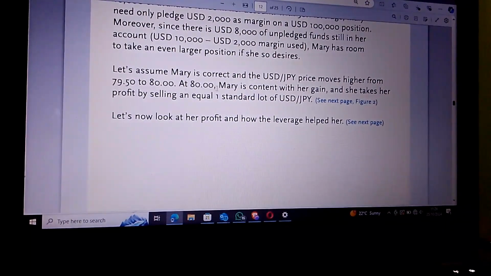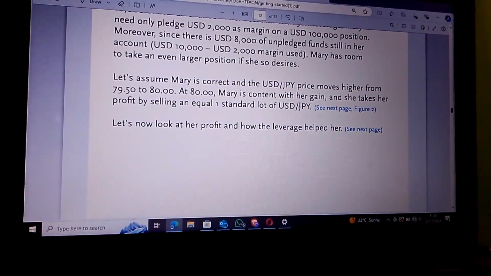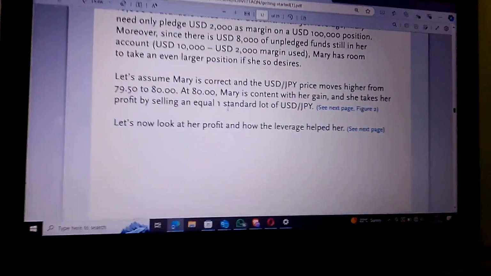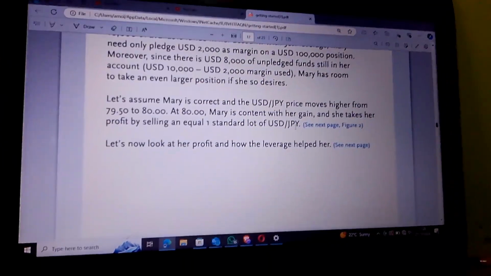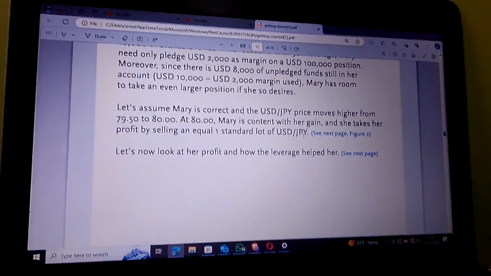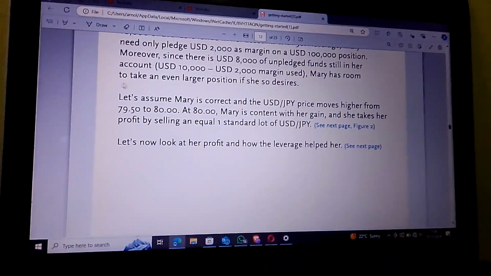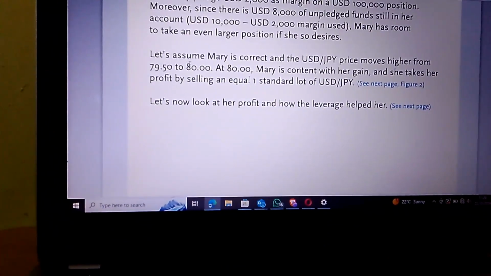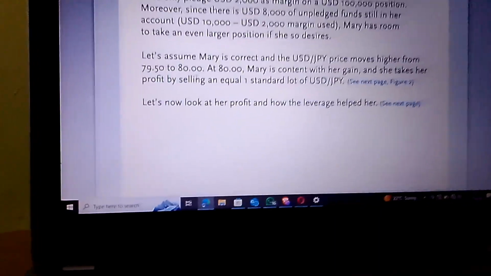So at 80.00, Mary is content with her gain, and she takes her profit by selling an equal one standard lot of USD/JPY. She predicted that at 79.50 it would go higher, and now it has reached 80.00, and now she's content.